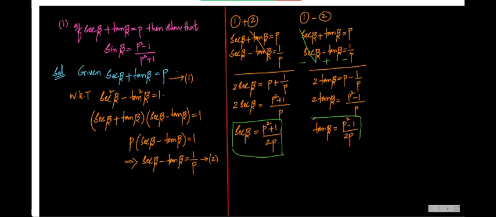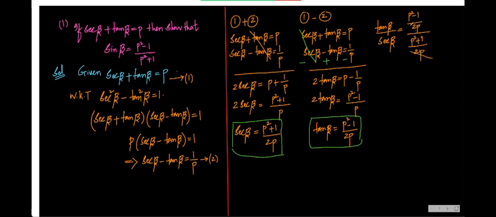Now finally we simplify this. Here you see, the first information we have is tan, and then sec. I am dividing these two, tan beta divided by sec beta. Tan beta value is P square minus 1 by 2P, and sec beta is P square plus 1 by 2P.